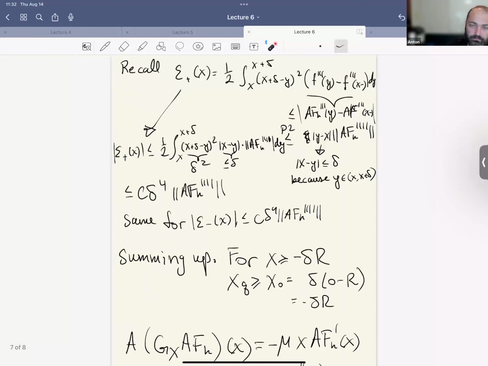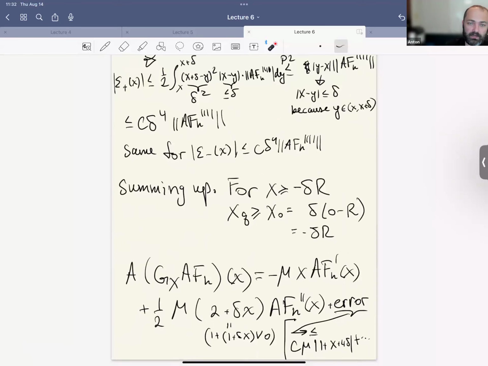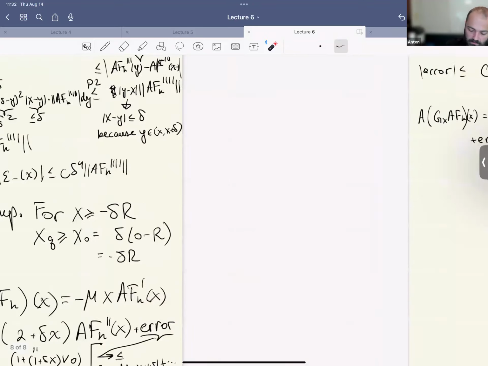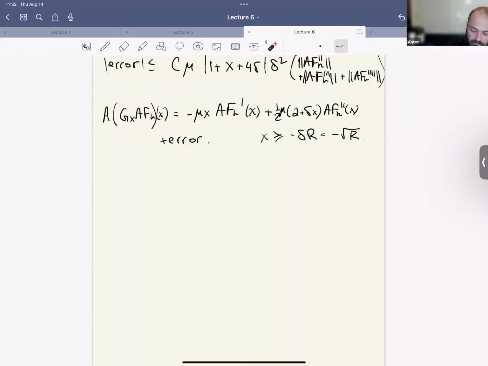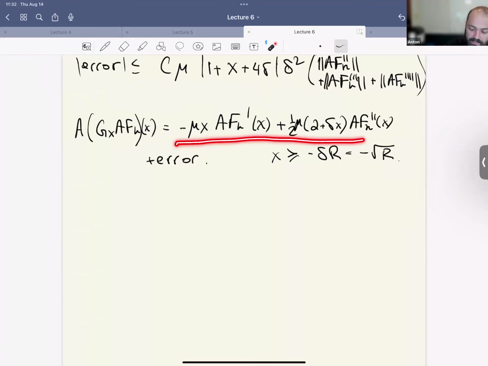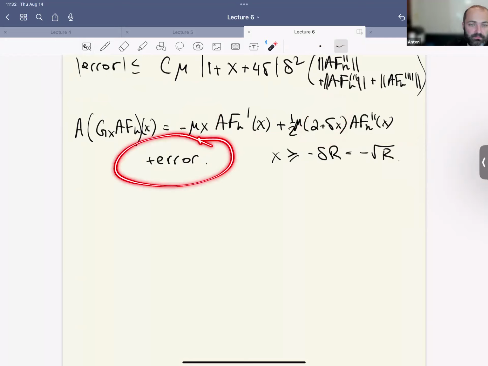After doing that, and being very careful to keep track of the error, we get that our interpolated generator looks like the natural candidate. This is what I always wanted. I always wanted to replace those x sub q's with x's. But I can only do this at the expense of extra error.